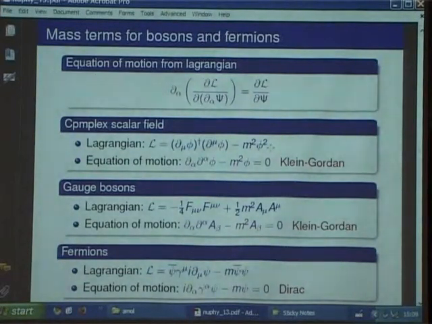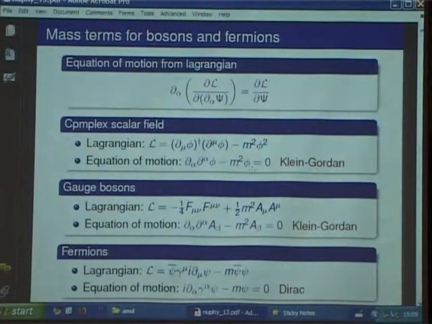People have seen this earlier in some context. If the scalar field is real, then it is usually half ∂_μ phi ∂^μ phi minus half m squared phi squared. That's a matter of normalization. So a complex scalar field will do this, and a real scalar field will give the same equation. That is the scalar field mass.